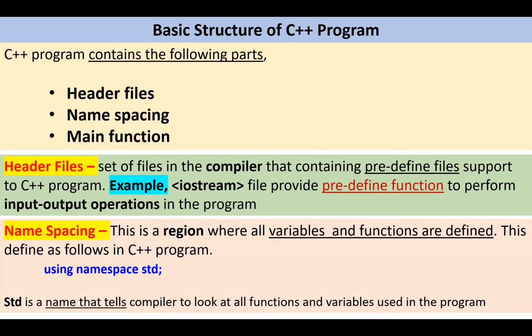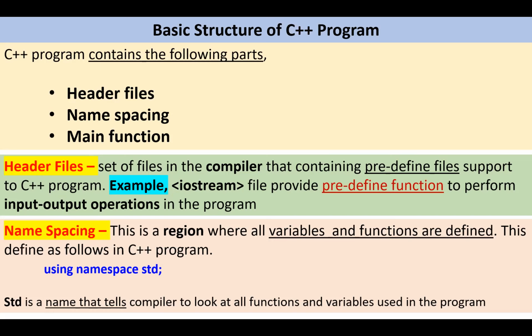Underline the statement here: variables and functions are defined. Then how are you going to define namespacing in your program? Here you can see it in blue color. That's the statement. You have to define this namespace region in your program.